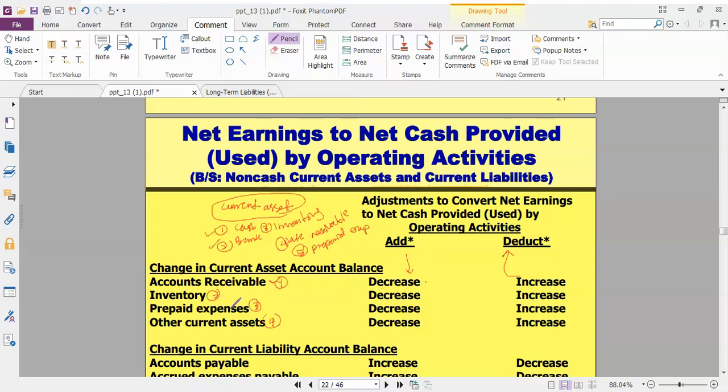Prepaid expenses means that we already paid earlier. We paid the expenses earlier, in advance.